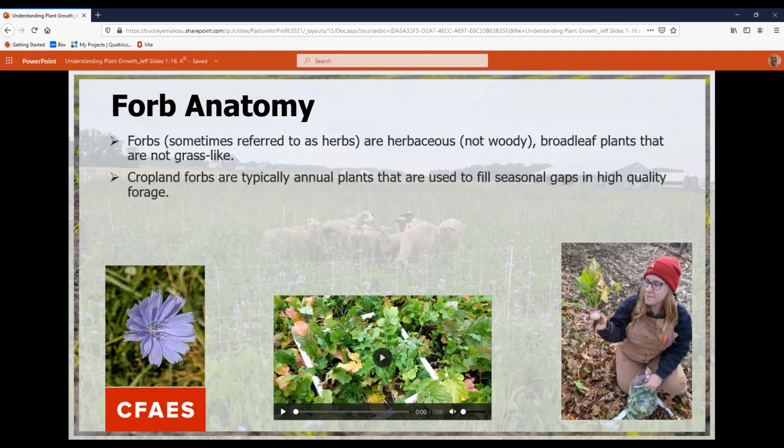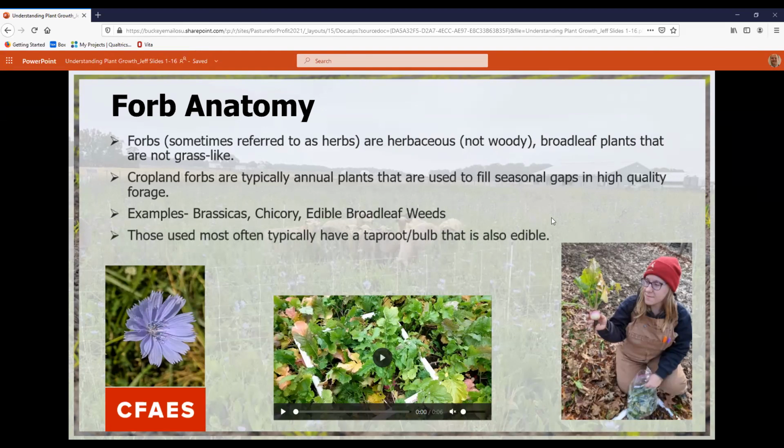Some are short-lived perennials, but they typically have a high quality for grazing. Examples are typically brassicas, chicory. There are some broadleaf weeds like plantain that have been bred for forages. Some, like Christine's picture here, with brassicas, not only the leaf but also the bulb or taproot can also be edible.